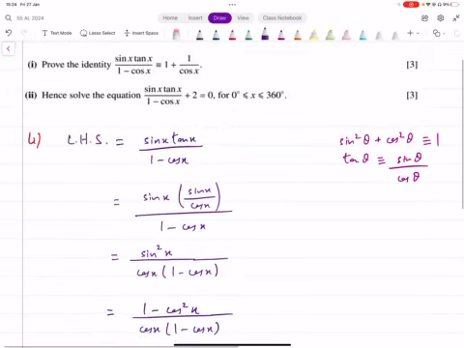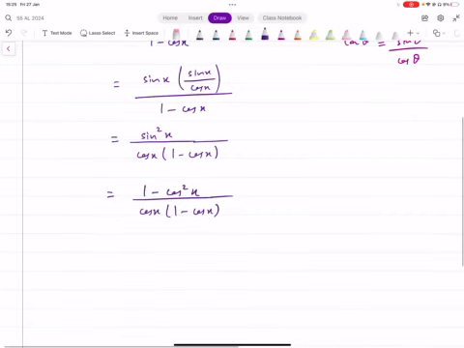See what we need at the end: there's a 1 over cos x term and a plain 1. So in the denominator we need only cos x somehow. So we need to get this 1 minus cos x cancelled somehow. We can apply the identity to the numerator, 1 minus cos square x. We could think of it as 1 square minus cos square.